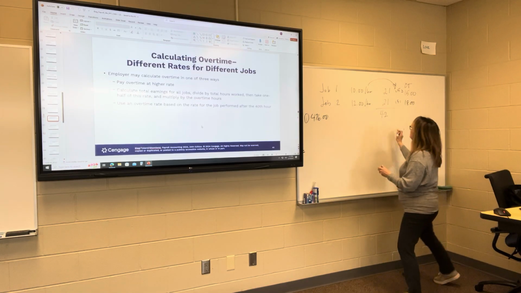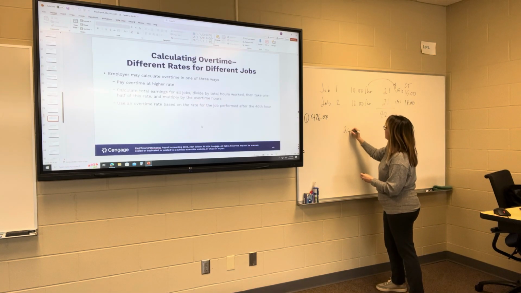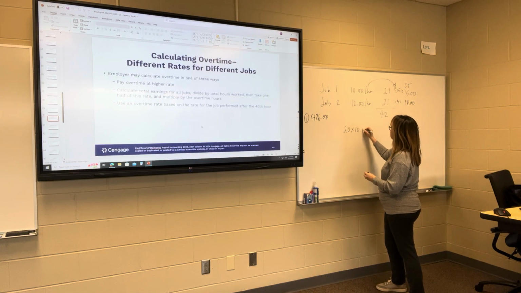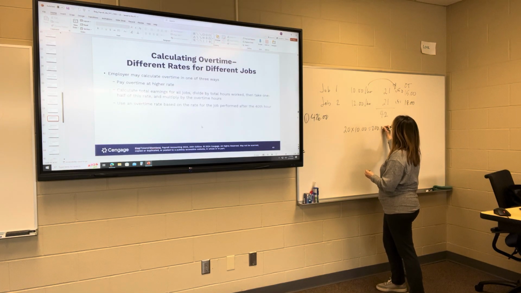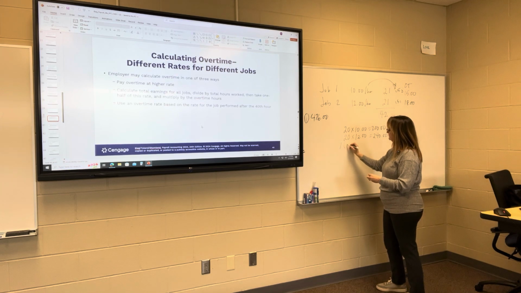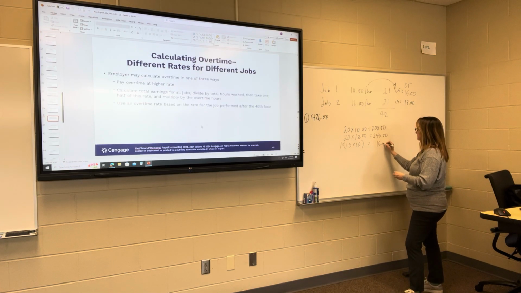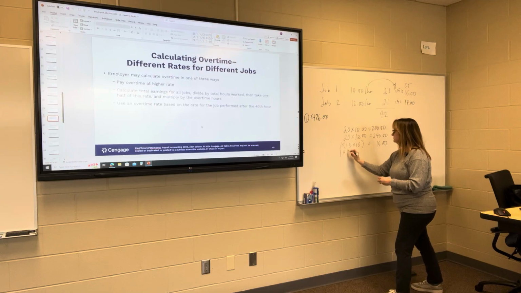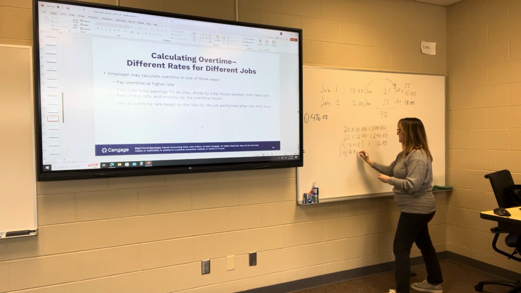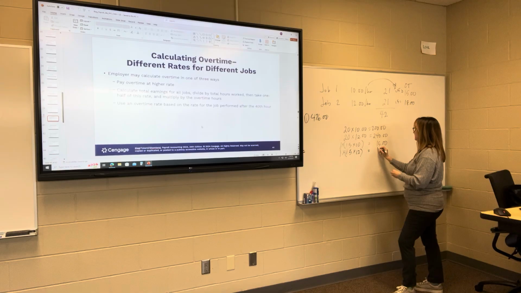So we're going to do 20 hours of regular time times $10, 200. 20 hours times $12 equals 240. And then we'll have 1 hour of overtime times 1.5 times 10, so $15. And 1 times 1.5 times 12, $18.